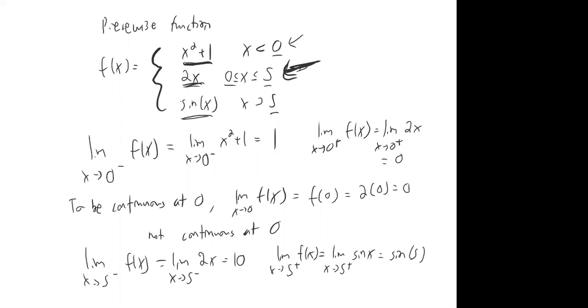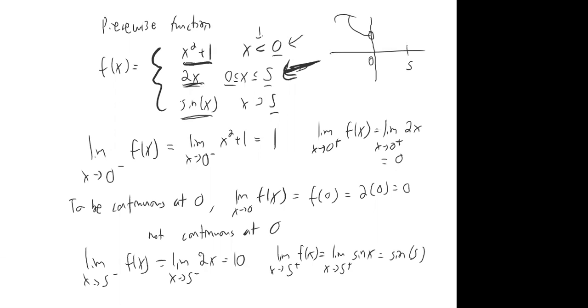Picture-wise, let me just draw the picture. At 0, before 0, we have a function. At 0, it's 1. So maybe it's like a parabola going upward. Sorry, this should be an open circle, because I'm not equal to it.